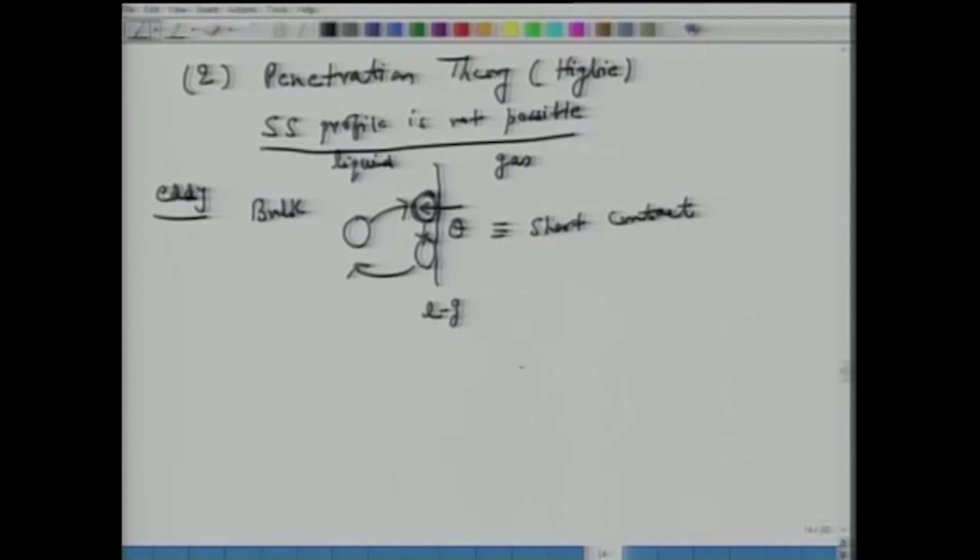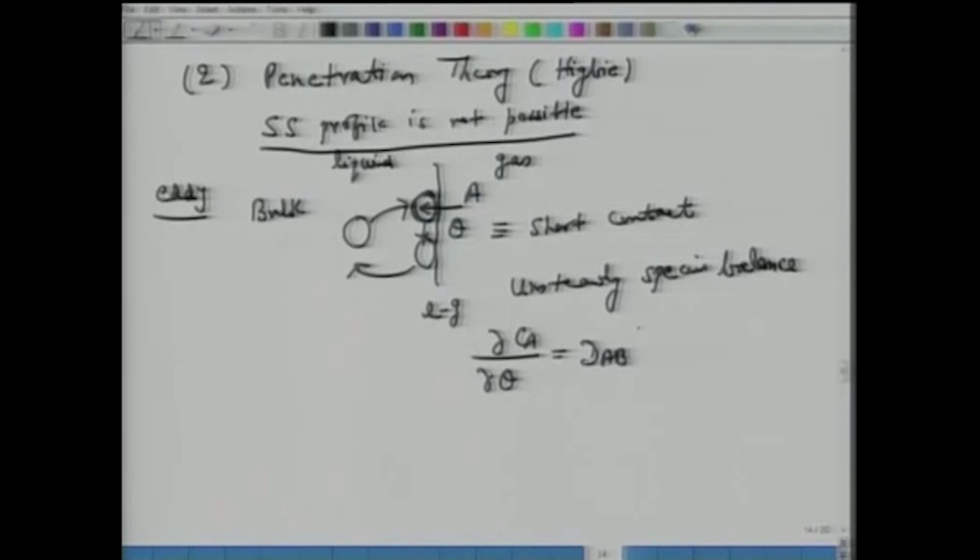It has been shown that in such cases, an unsteady state species balance can be written: del C over del theta, if A is the component diffusing from gas to liquid phase, equals DAB del square CA over del Z square. Z should be this direction.